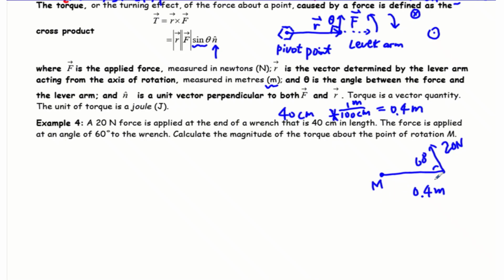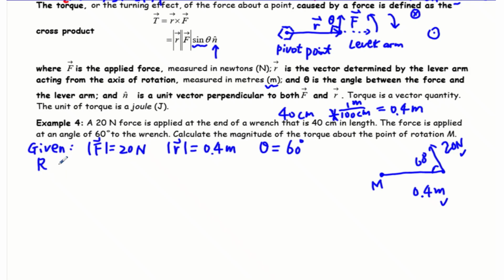We know the magnitude of F, the magnitude of R, and the angle between the two are given, so we could use a graph. Given is the magnitude of force, the magnitude of R, and the angle between these two.